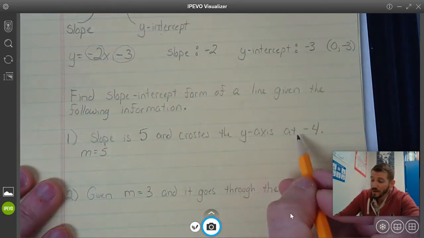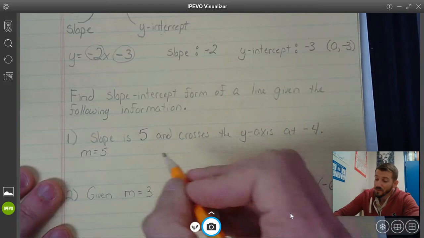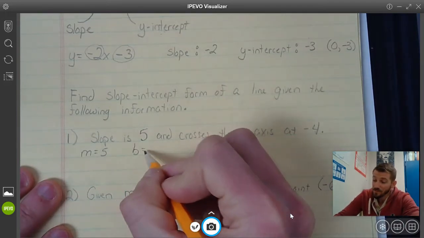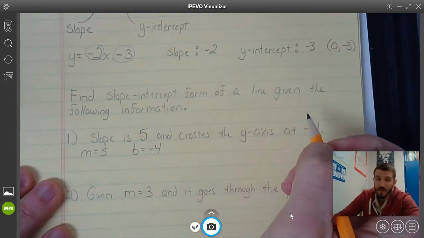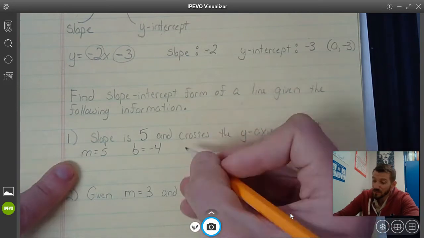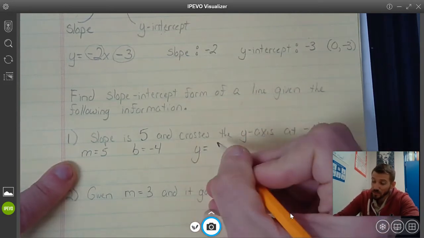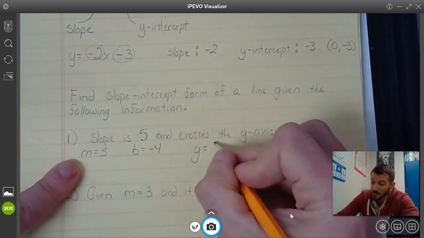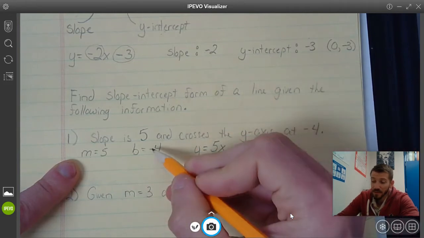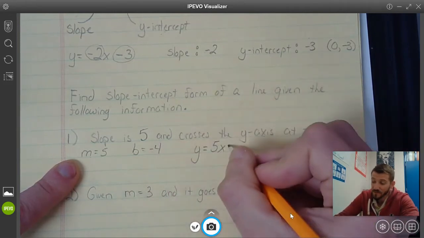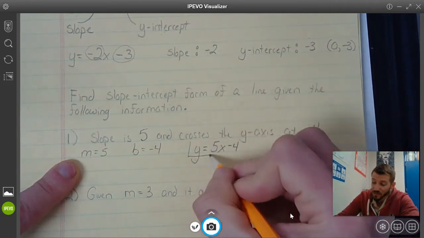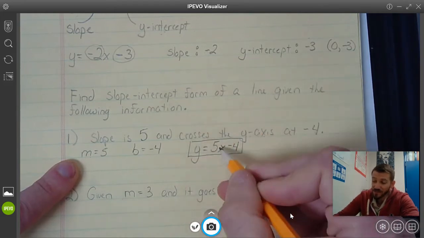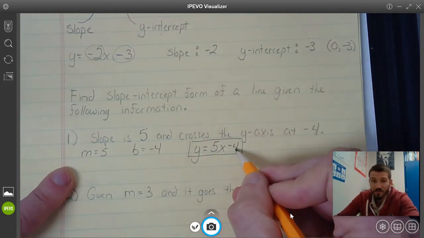So we already know that b is negative 4. So you're basically done because all you need was y equals mx plus b, which is y equals 5x minus 4. That's the equation of that line. It has a slope of 5 and a y-intercept of negative 4.